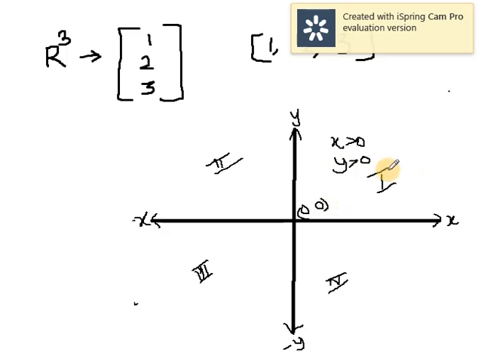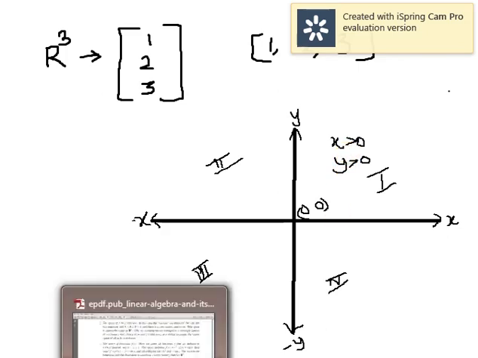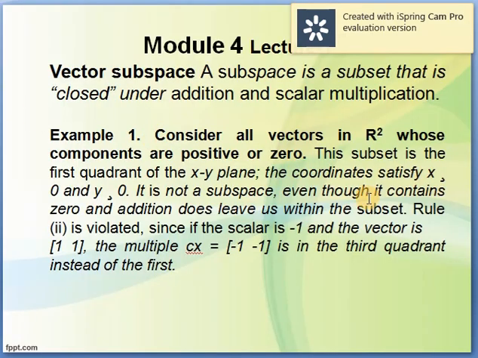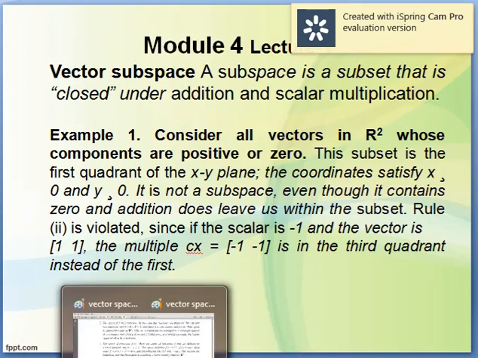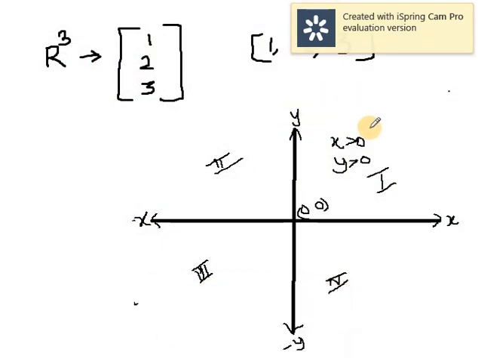As R2 is a vector space, to learn about subspaces, let's check whether one of the quadrants, let's say the first quadrant, is a subspace. To be a subspace, it should satisfy two properties, as we are aware. When we check the properties, we know that in the first quadrant, any values we take for x and y would be positive.